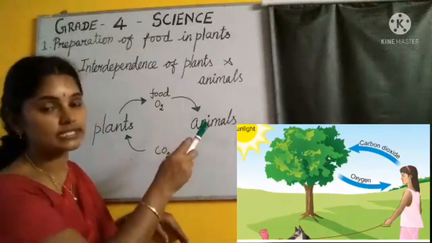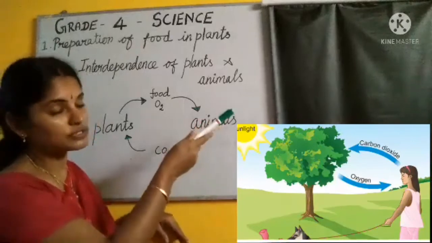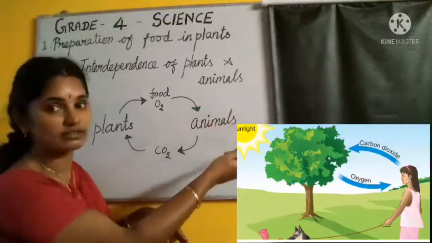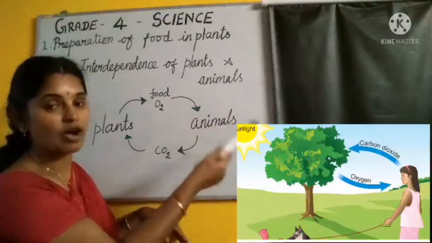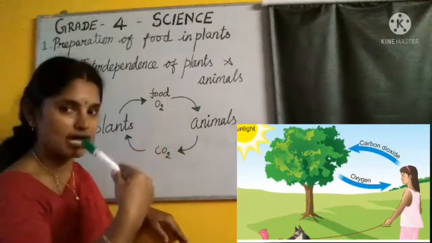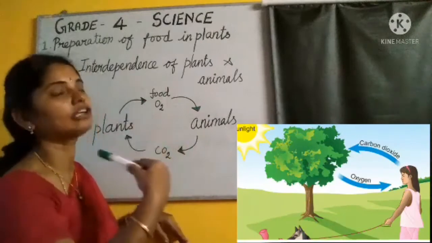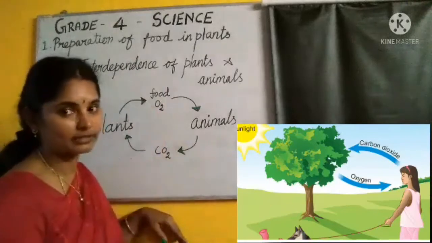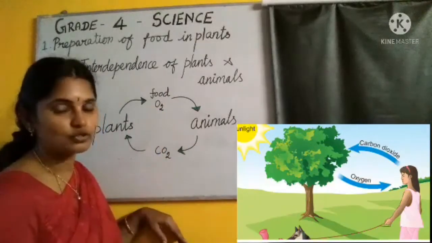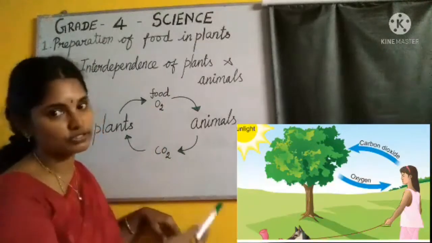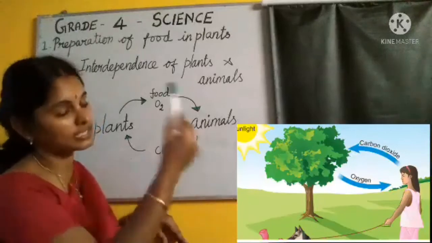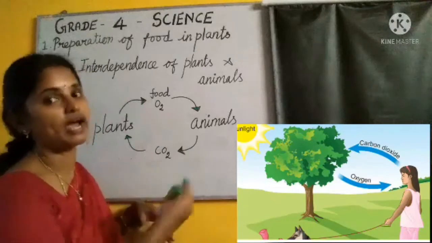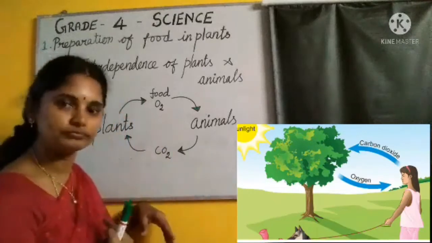Have you noticed? In the photosynthesis process, what is released? Food and oxygen. That oxygen gas is taken by us. We are breathing that oxygen gas, and we are taking the food from the plant. So plants are doing photosynthesis. As a result, they are releasing oxygen and food. We are taking the food and we are taking the oxygen too.